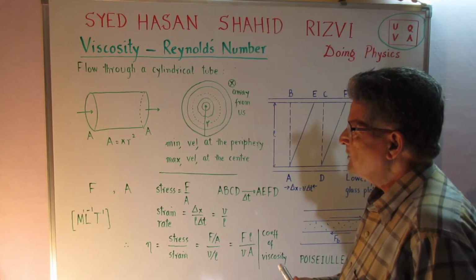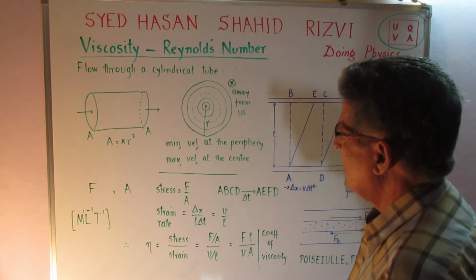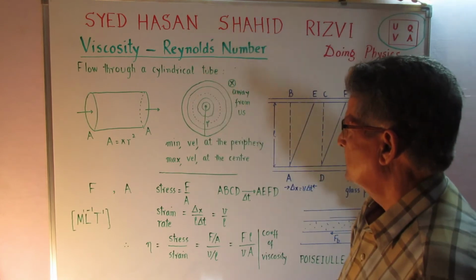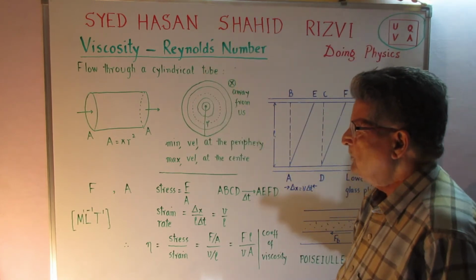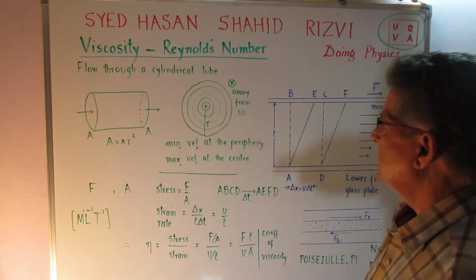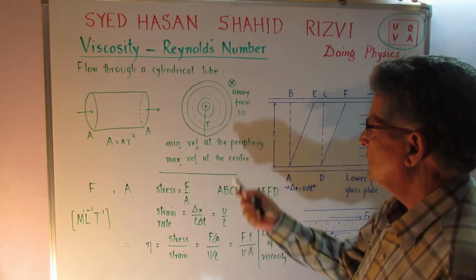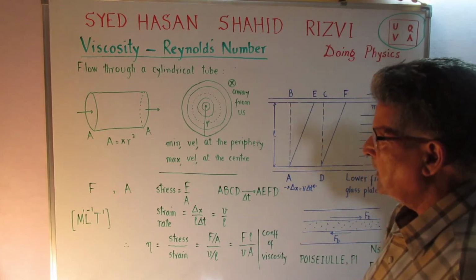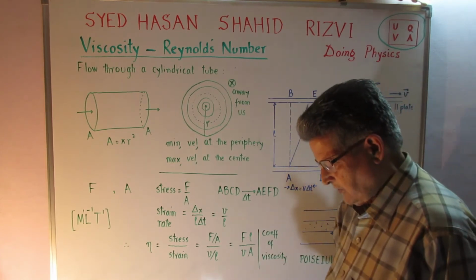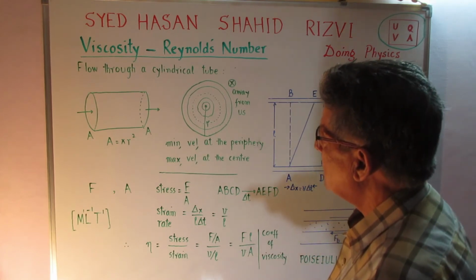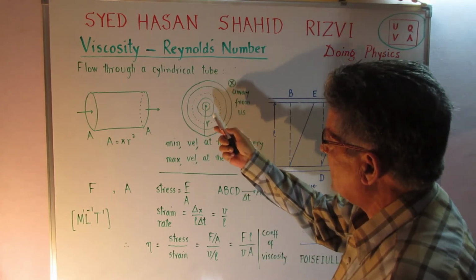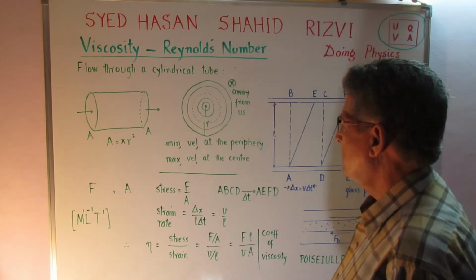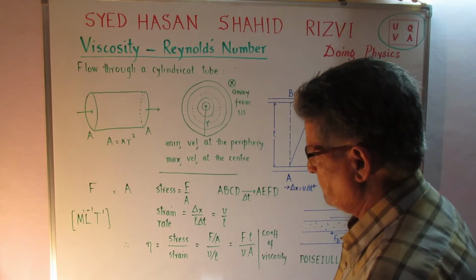What is interesting is that the velocity at the periphery of this tube is minimum, while the velocity at the center is maximum. In fact, what we can imagine is some tubes of flow in that case of laminar flow.